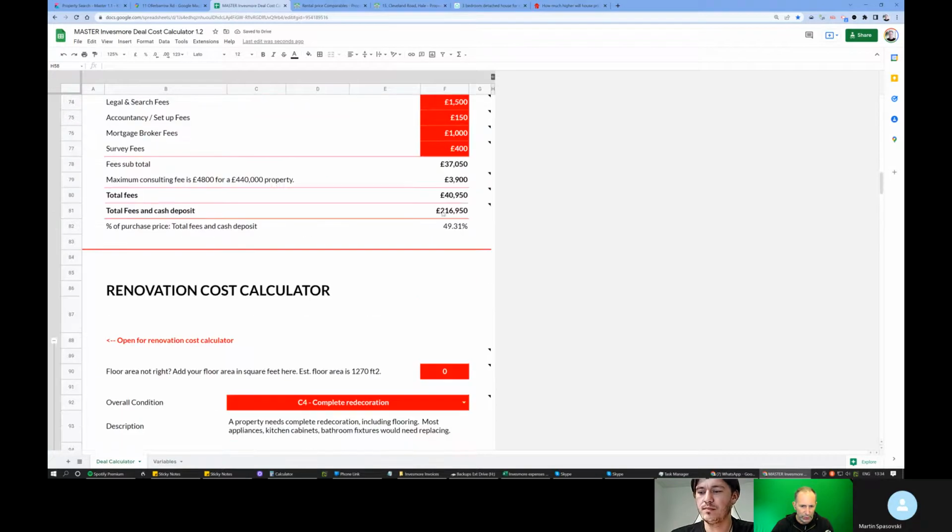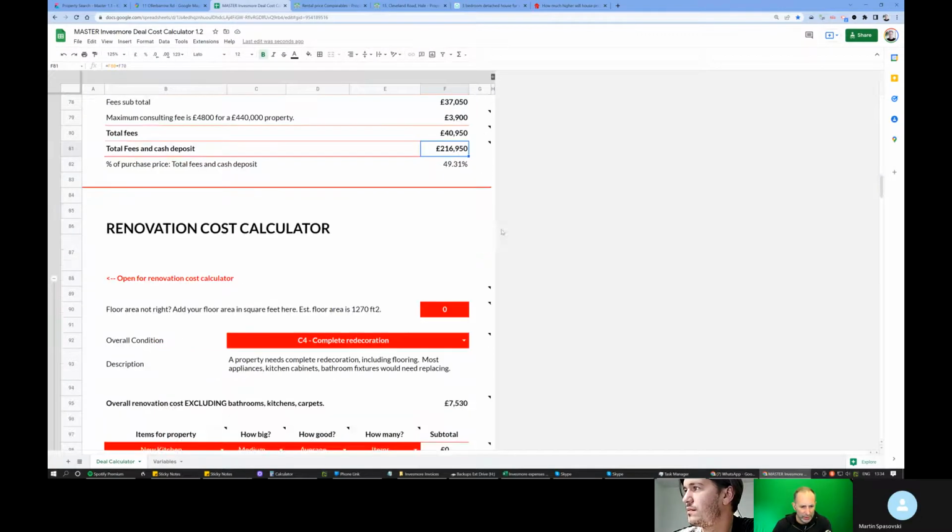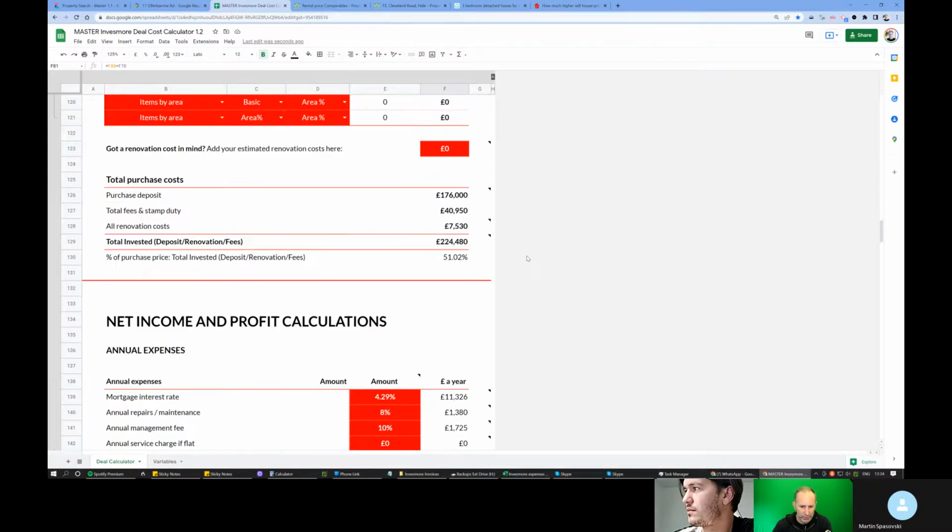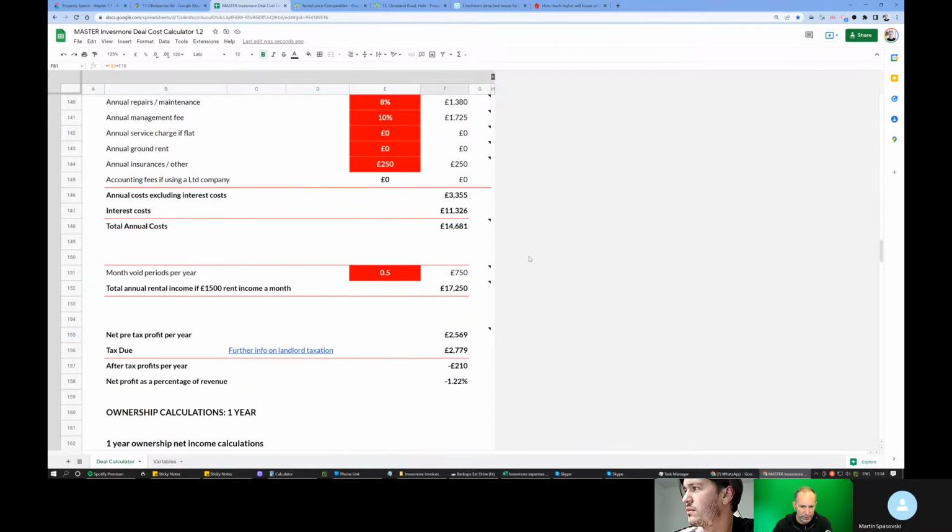So therefore, instead of putting 150 grand down, you've got to put 216 down. Your money is working 25% less hard because you've got to put 25% more down per property, and you're making a borderline net cash return because you're spending less money on interest, so that's a good thing.